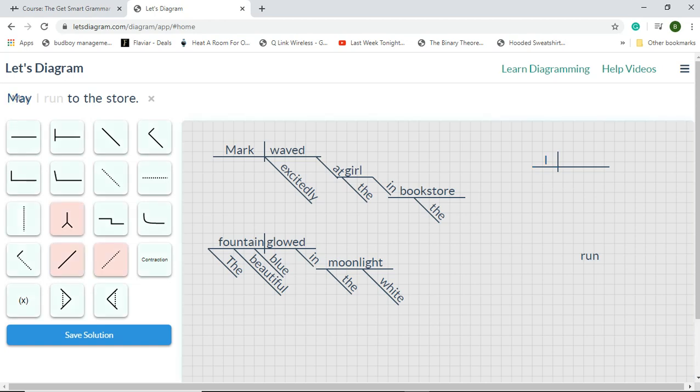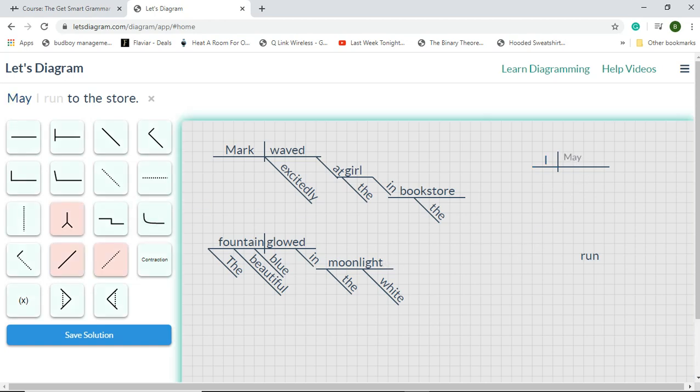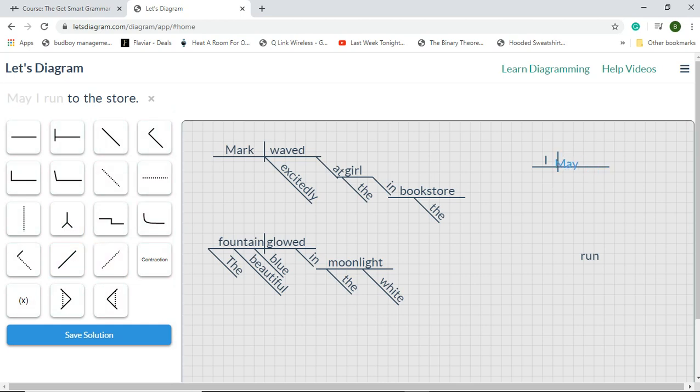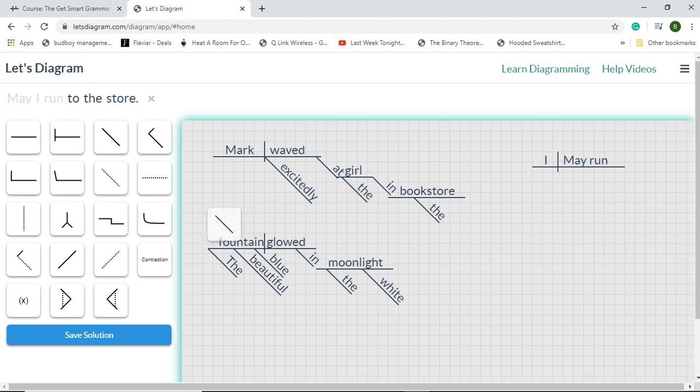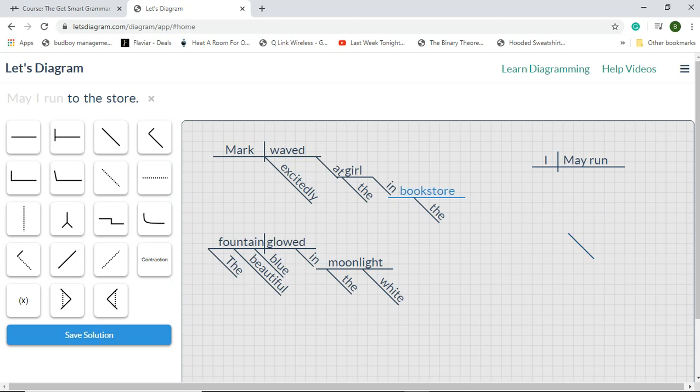May is a helping verb. Goes right here. And run is the main verb. Goes right here, making the verb phrase may run. Okay. To the store is a prepositional phrase and is acting as an adverb.